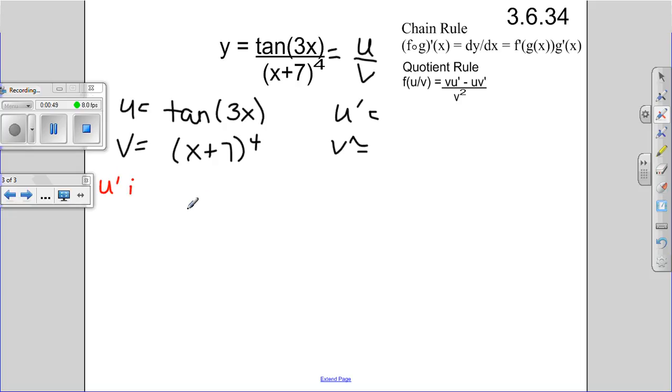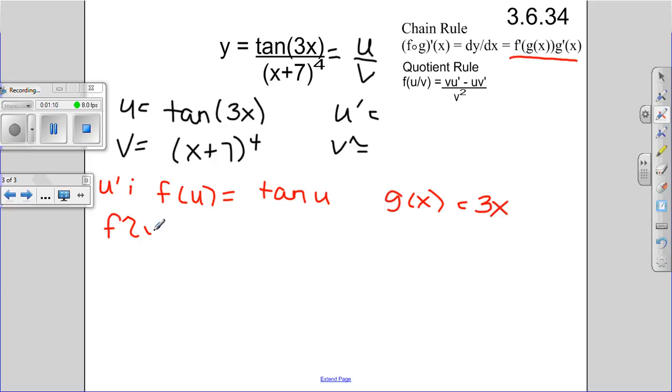First, we need to break our u down into two component functions. F of u, which we're going to set equal to tangent u, and g of x, which we're going to set equal to 3x. So now we can go about finding f prime of g of x and g prime of x. So first, let's find f prime of u.